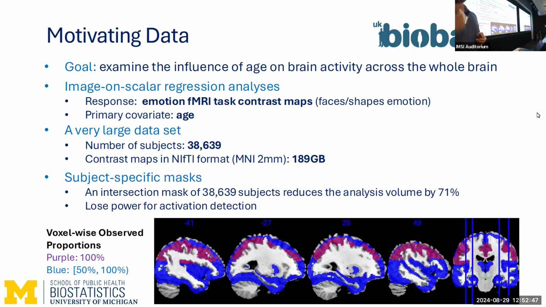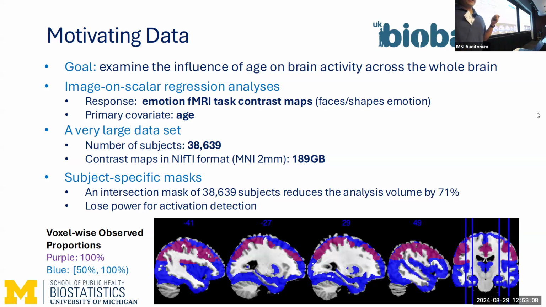So one issue about the pre-processing is that if you carefully pre-process each subject individually, from the time series signal to this contrast map, you will have an individual-specific mask, because some voxels for each individual may not actually be reliable. You can remove those during the pre-processing steps.